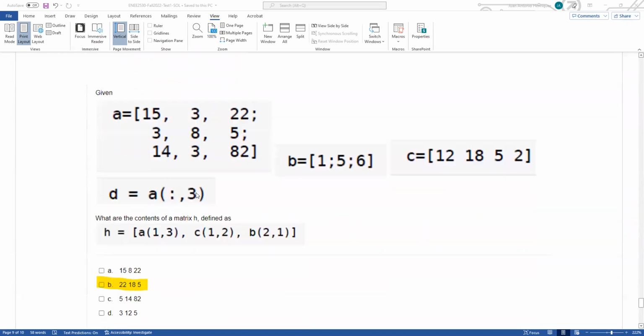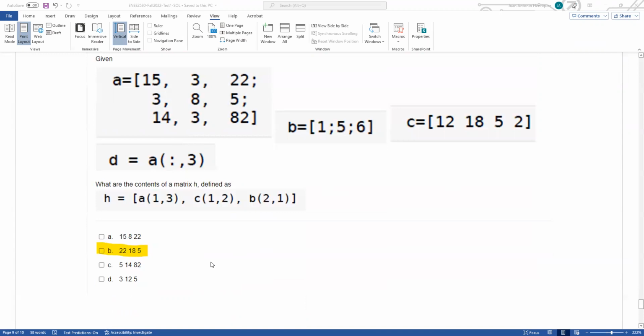And the last one says, we have this matrix A, matrix B, matrix C, and matrix D, and you want to know what are the contents of this new matrix H when we combine the different elements here. So, of course, this one says that we're going to pick the first row and the third column. So the first row, third column for A is element 22.